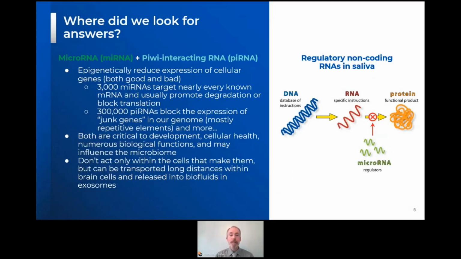MicroRNAs act at the level of silencing the translation of RNA into protein, and piRNAs, or Piwi-interacting RNAs, actually act at the step before that, and they tend to keep the repetitive elements in our genome from being expressed into RNA.